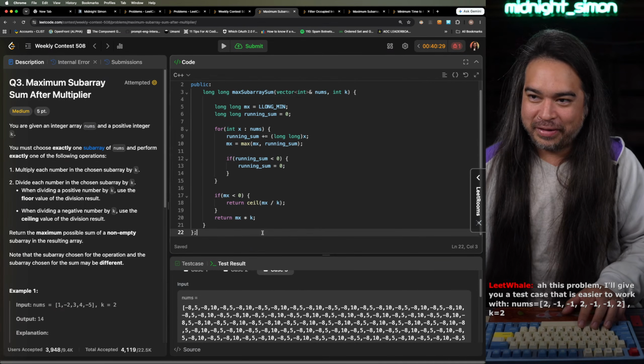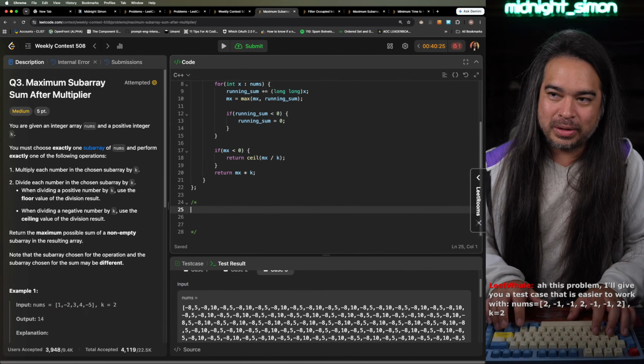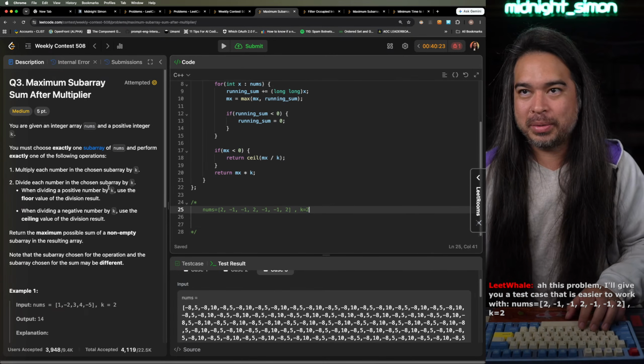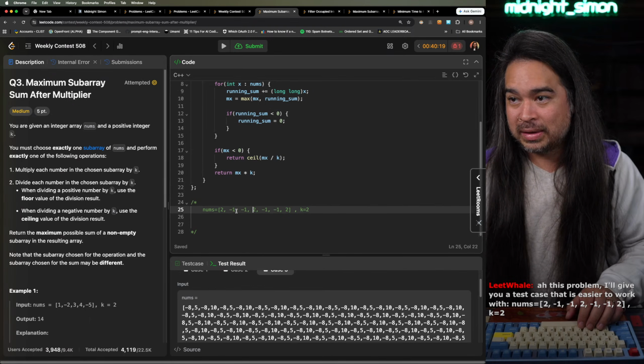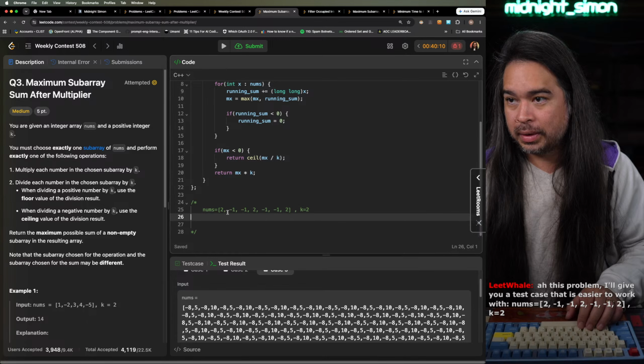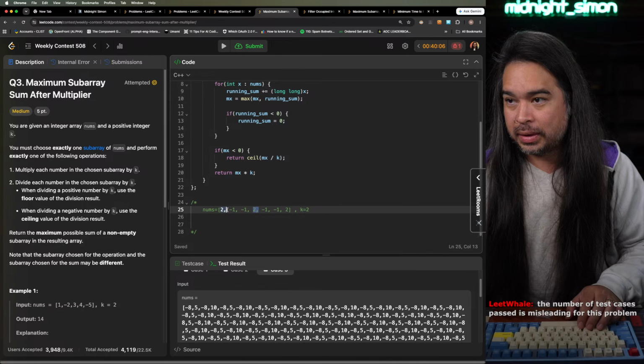Alright, let's try and figure out where my code breaks down. I feel it's real close because there's only 3 more test cases I need to pass. So this is also a similar pattern. I don't know how it goes.